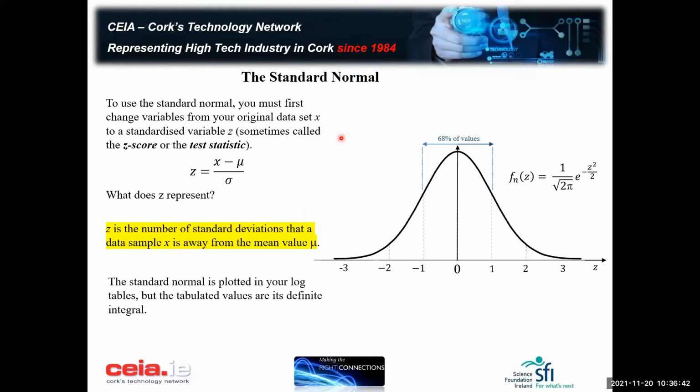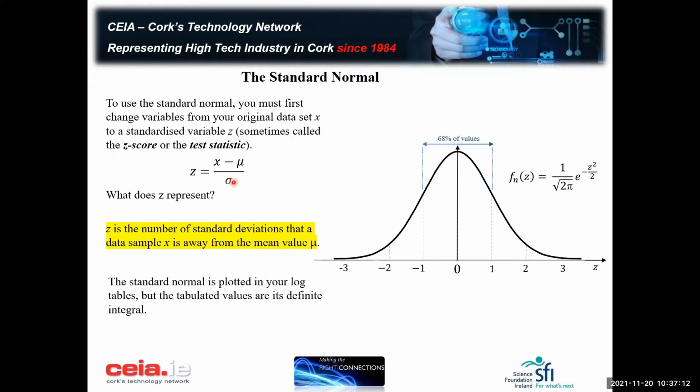What you do is you change variables. You change from a variable x, which is your sample data, to a standardized variable z, which is called the z-score. And you do it by subtracting the mean, mu, and dividing the result by the standard deviation. When you do that, what you've got is something that measures how far you are from the mean.